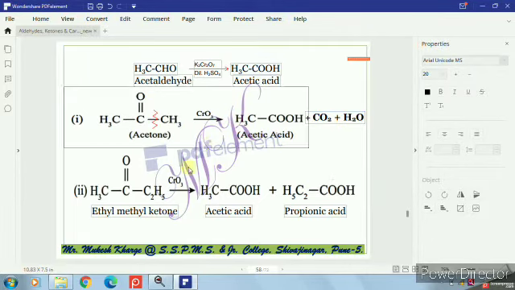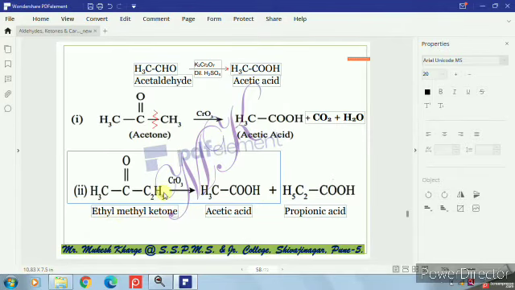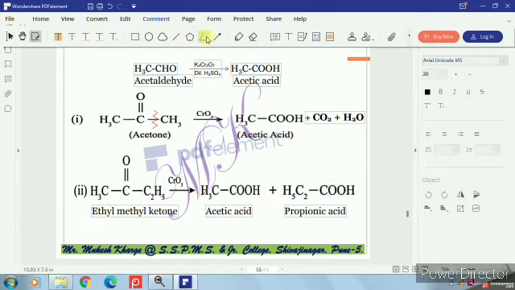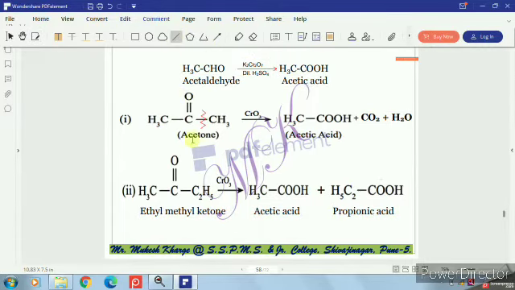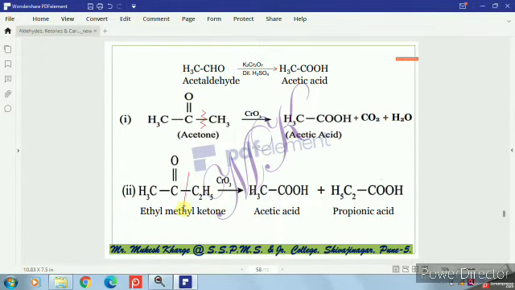And CO2 plus H2O. If we take a higher number of carbon atoms here, ethyl methyl ketone, then we have to break this bond here, and then CH3COOH and C2H5COOH.